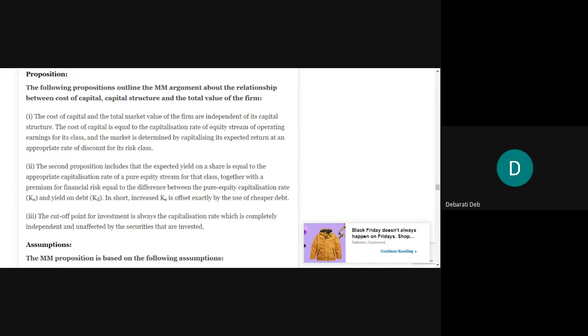Depending on the market scenario for a particular risk class, that rate will be determined, and then the expected return will be capitalized in order to find out the market value of the firm. If you are confused at the moment, don't worry. While doing the sums, things will be clearer.